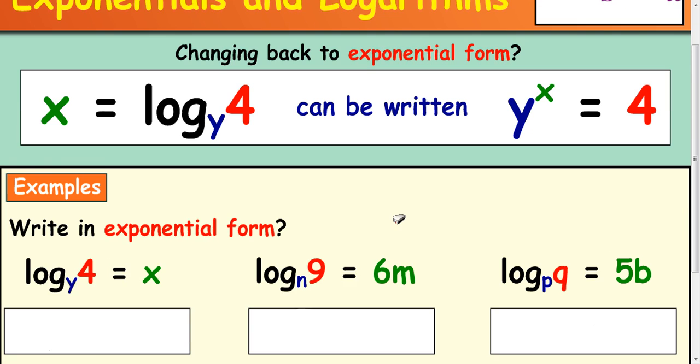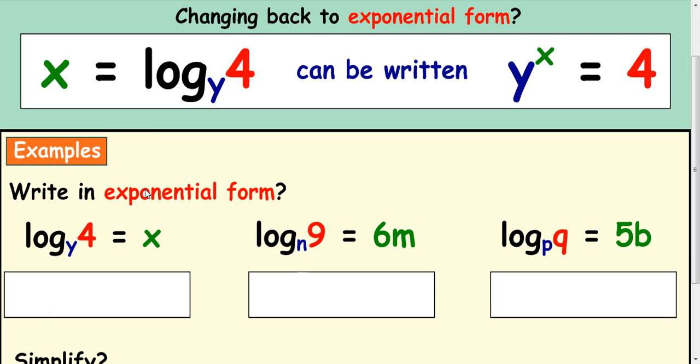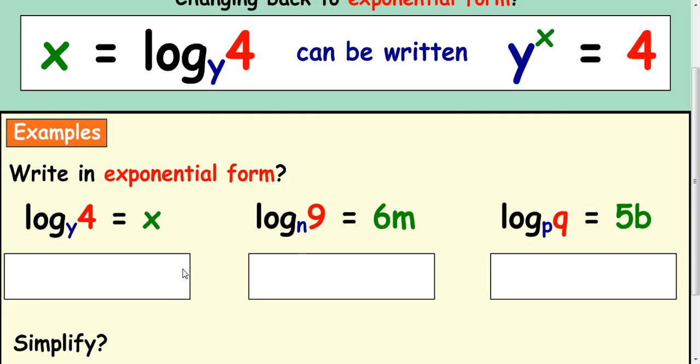Now just to finish this lesson off, we need to be able to convert logarithmic form into exponential form. If you look at that up here, then the answer is the power. This is your base, which you write here, and then this number goes here. So if we look at this first one, y is your base, so we'd have a y first.